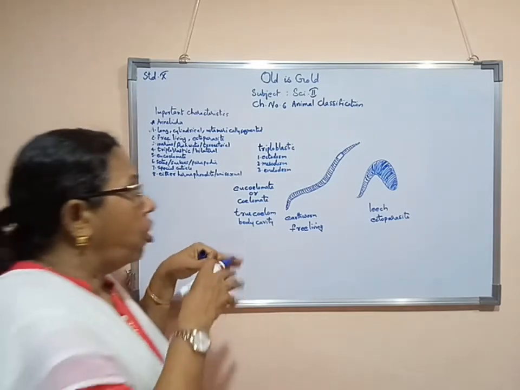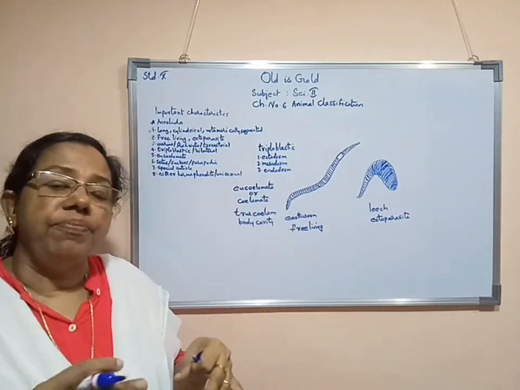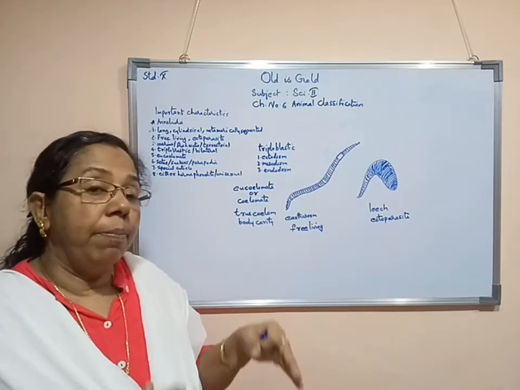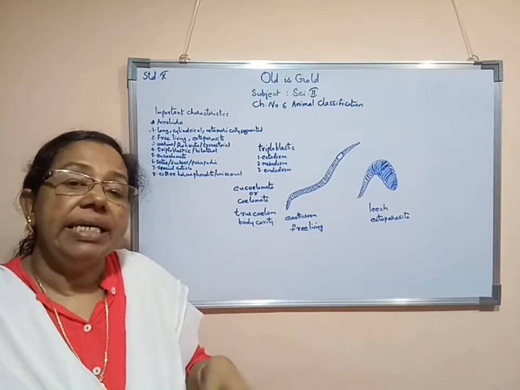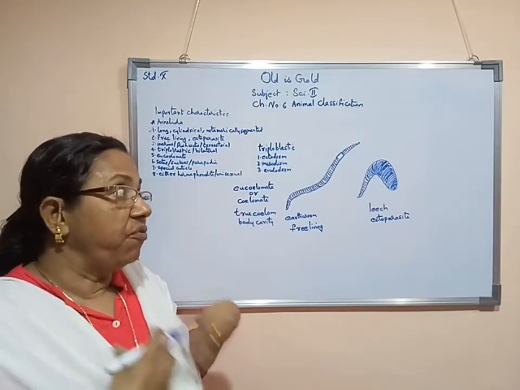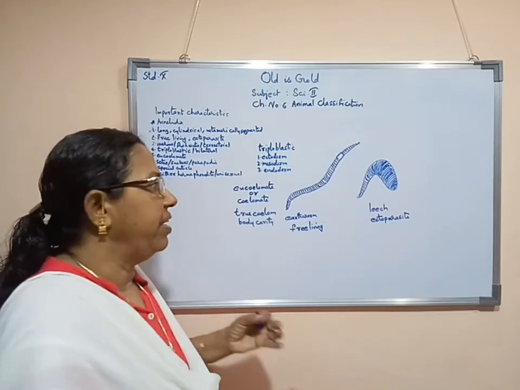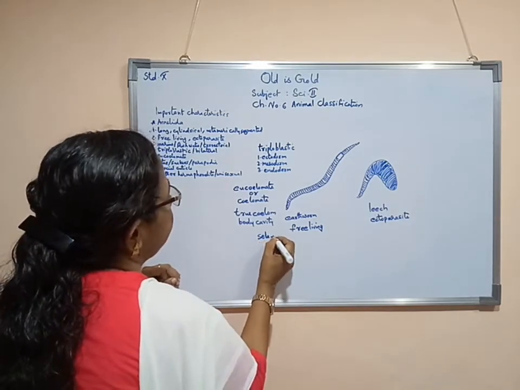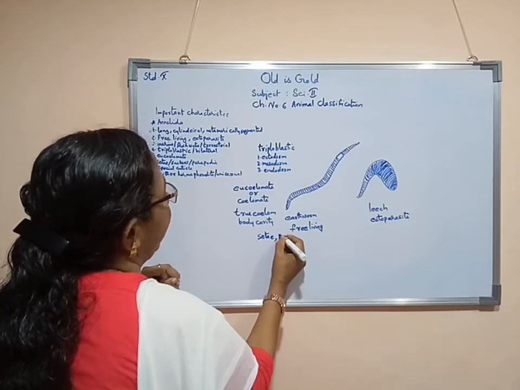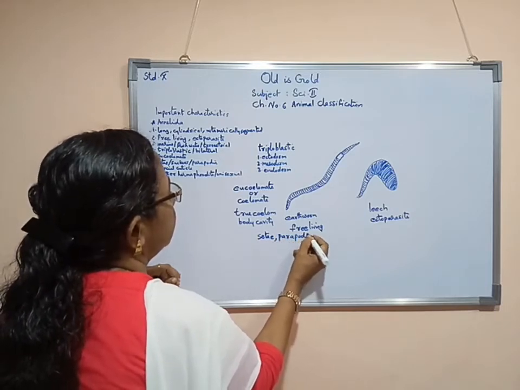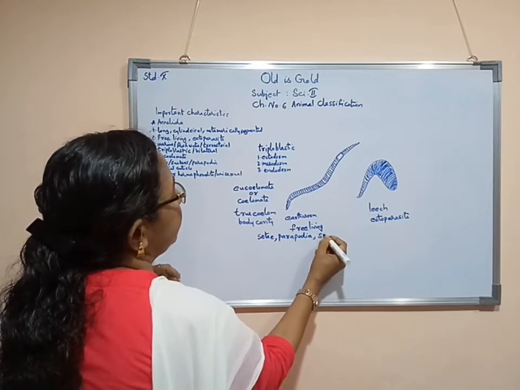Then for locomotion inside their body, outside nothing is visible, but they have at the ventral surface different organs like setae, then parapodia, then suckers.